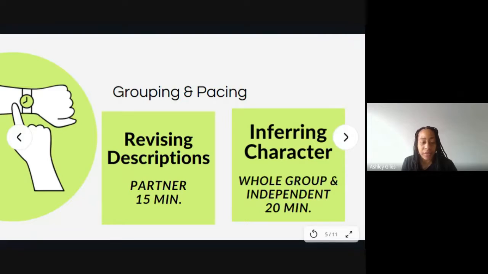Was there anything confusing? This is just ensuring that students understand what these questions are asking. As the students are talking, the teacher is actively monitoring each partner group and ensuring that they are actually revising these descriptions and asking these questions.